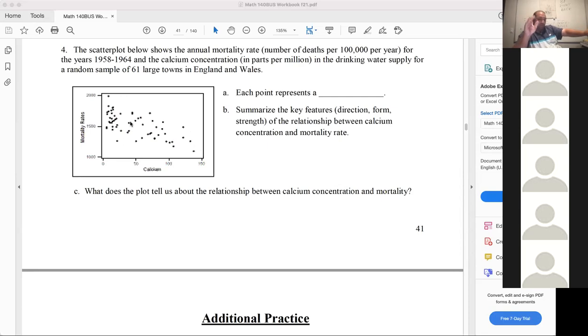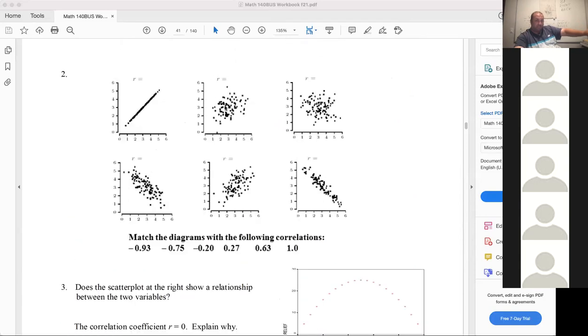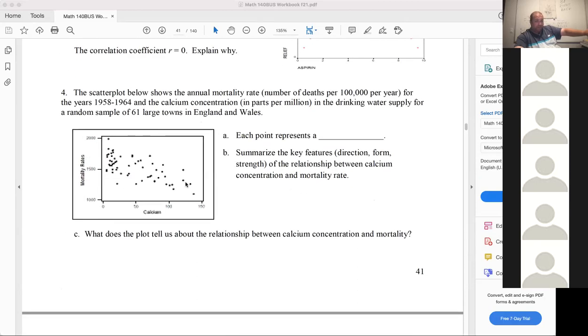And with weak, you really question whether there's one at all, like the last example here. This is moderate, right? I can see it, but it's kind of spread out. Here, I certainly see a downward trend. So weak to moderate.